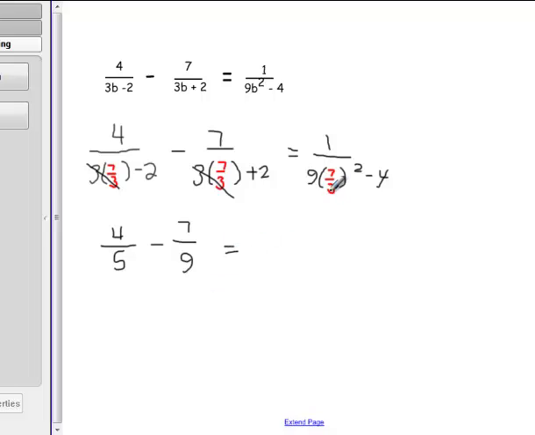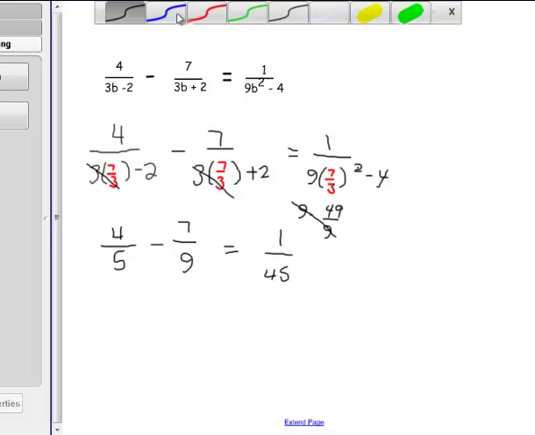Over here, I can't cancel because I have to square before I can cancel. So this becomes 9 times 49 over 9. Now the 9's can cancel, and 49 minus 4 is 45. Okay, now I'm going to razzle-dazzle you with my short way to find common denominators.